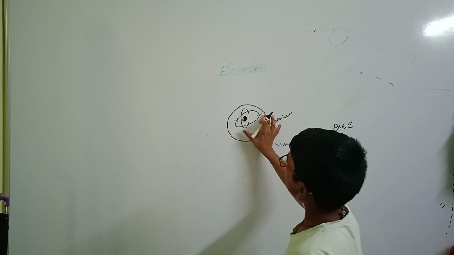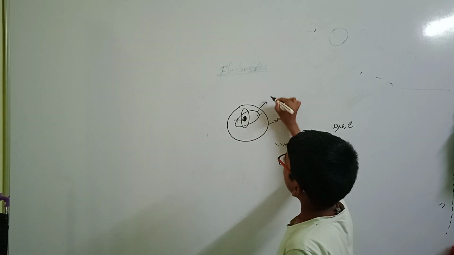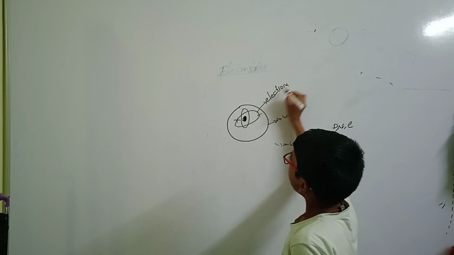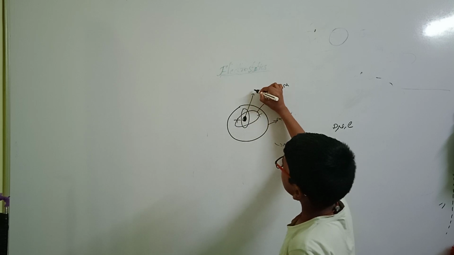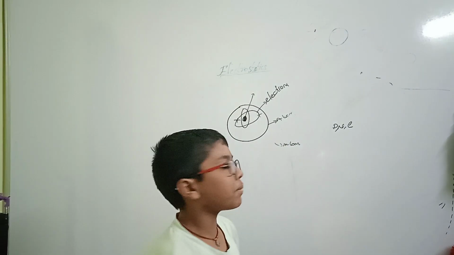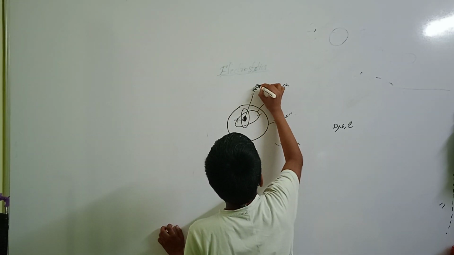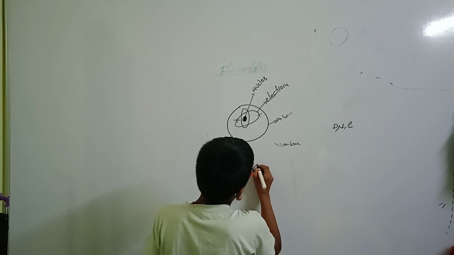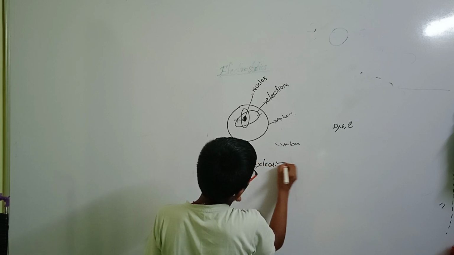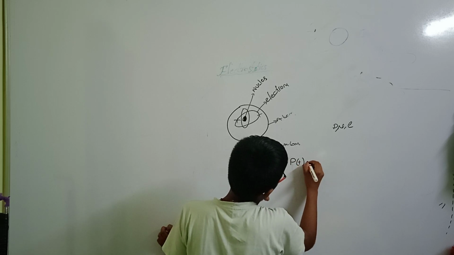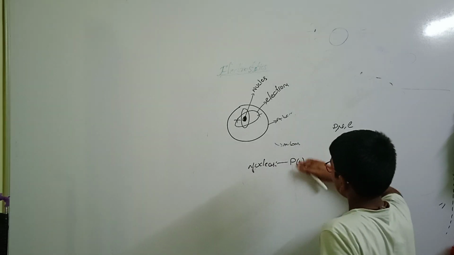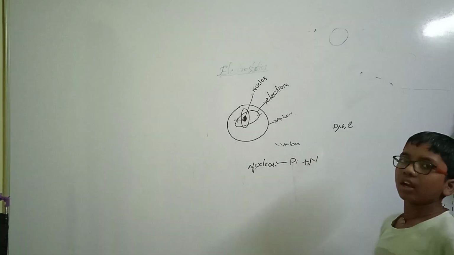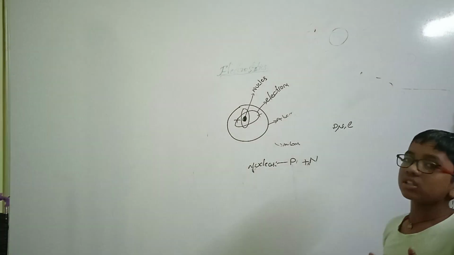The electrons rotate in the outer orbits, and inside the path of the electrons is the nucleus. Nucleus equals proton plus neutron, and electrons plus protons plus neutrons together is called an atom.